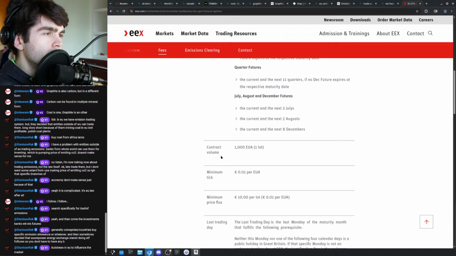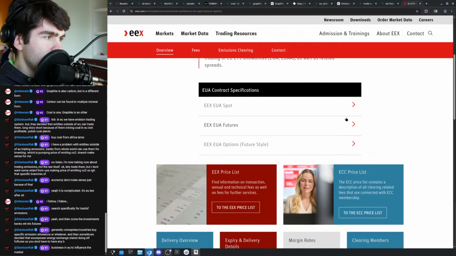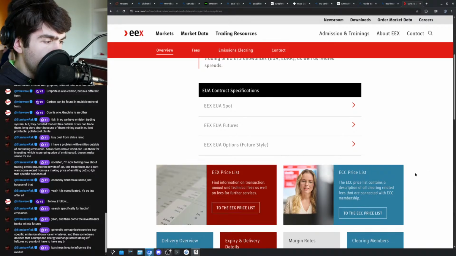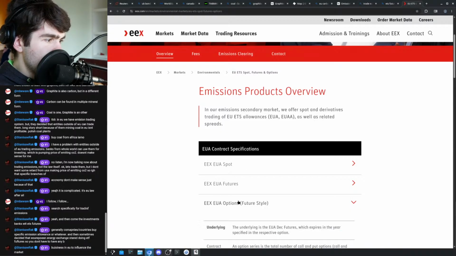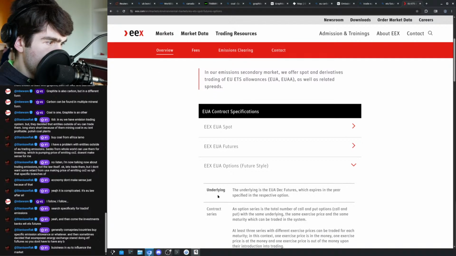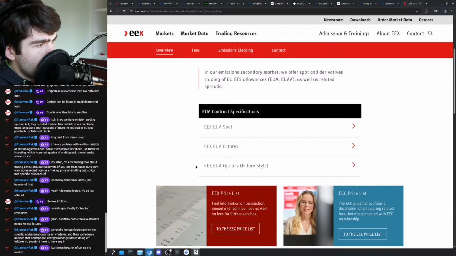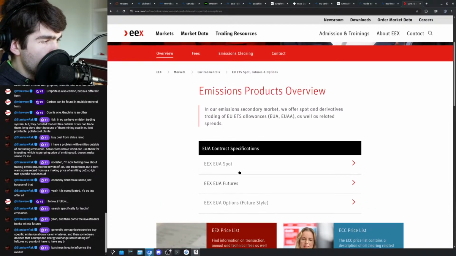Okay. Let's start by making categories for things, okay? So the first thing, let's just use this website as an example. So here they have spot, futures, and option, which is essentially futures that is disguised inside of an option contract. So let's forget about options because it's essentially a second-time future.